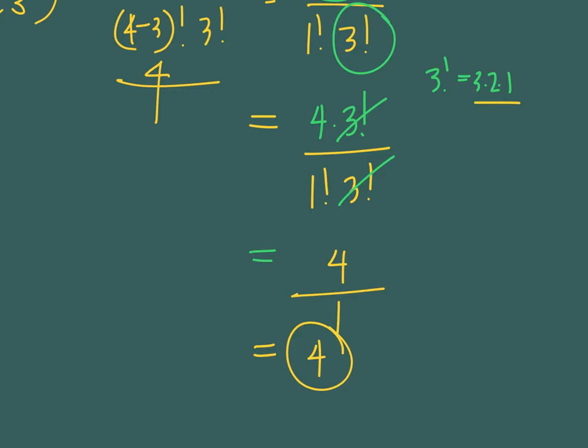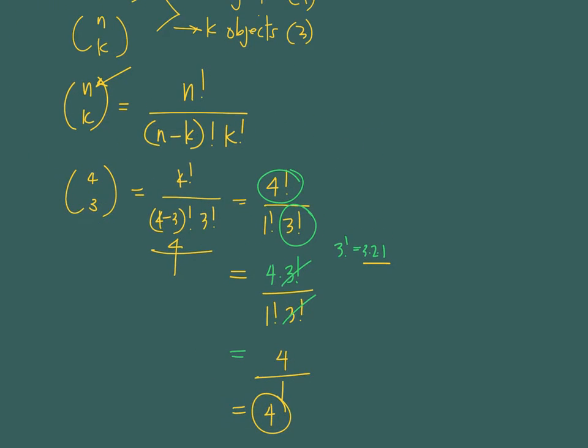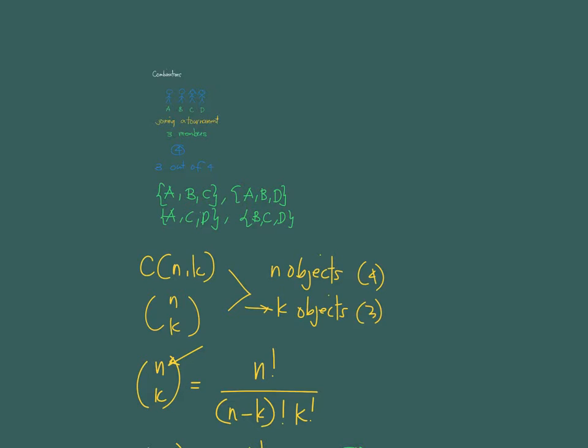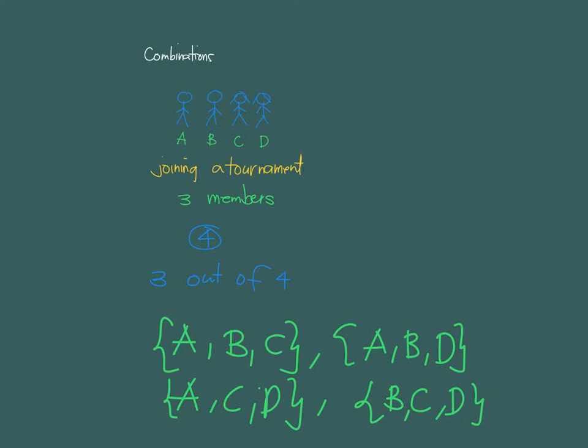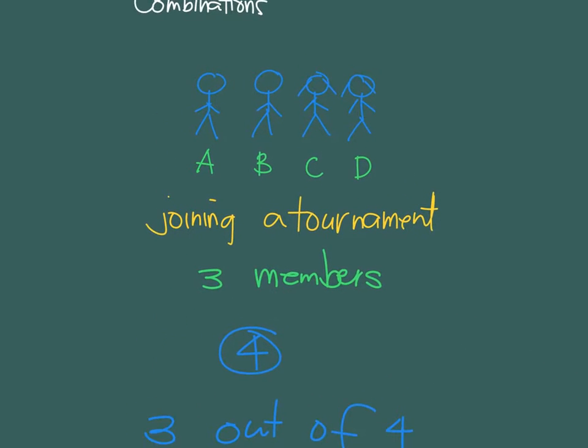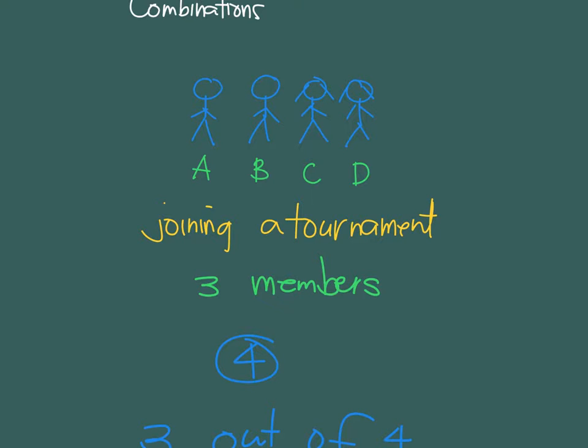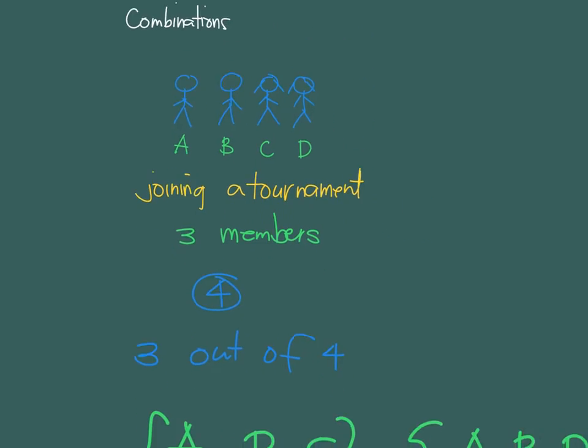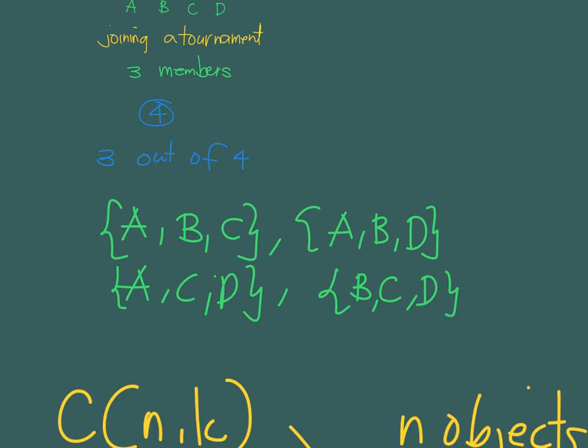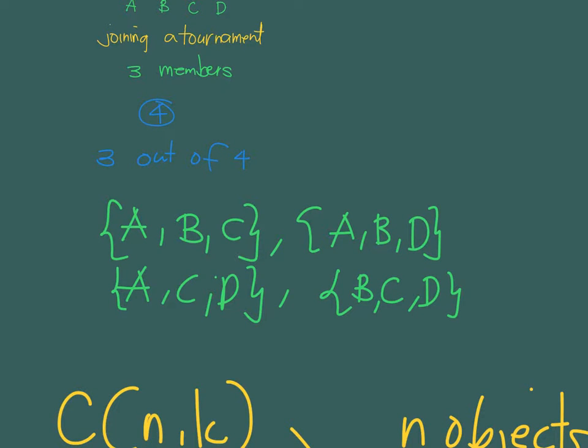So this verifies the answer to our first example: in how many ways can you form 3 members out of 4 members in a varsity team? Earlier, we just listed the possible combinations, and if this were a large number of members, it is possible that we would miss a group.